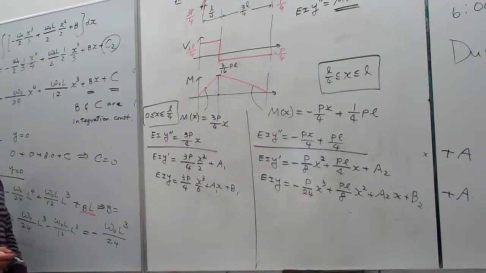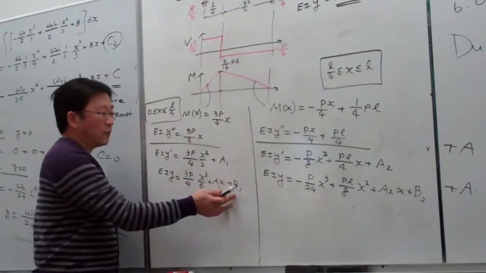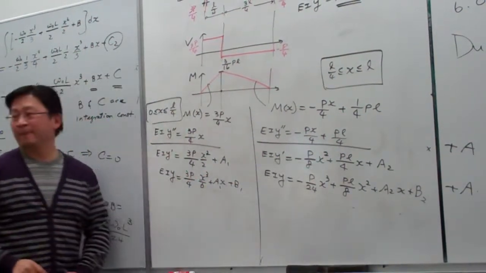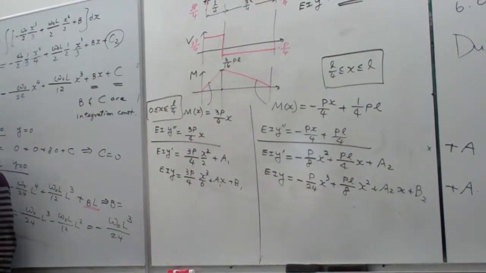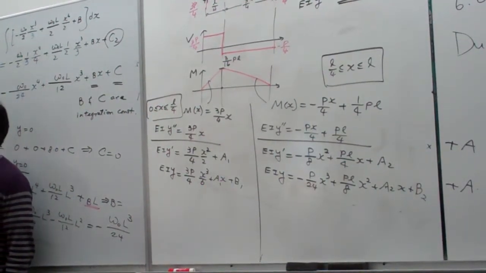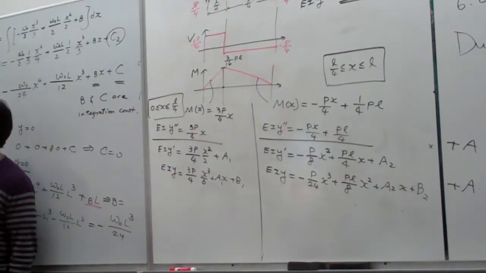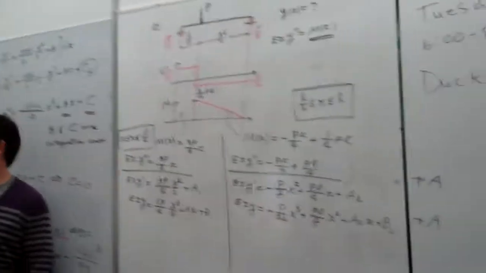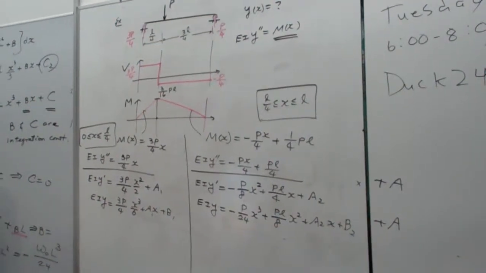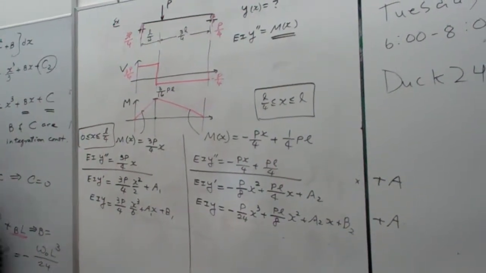So right now we have integration constants A1, B1, A2, B2. How many unknowns? 4 unknowns. And how many boundary conditions do we have? 2 boundary conditions with 4 unknowns. How could we solve for this problem?